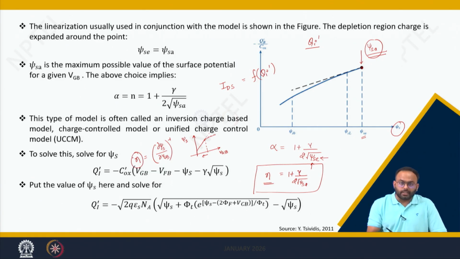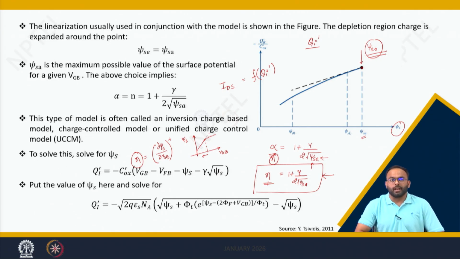Overall, this n factor tells us the control of the gate over your channel, or how much good control you have over the channel from your external gate to body voltage. In previous lectures we derived the formula for n, which is nothing but 1 plus gamma divided by 2 times root psi sa. So here alpha can be replaced by the known factor n, and we can use this n factor in our current equations.